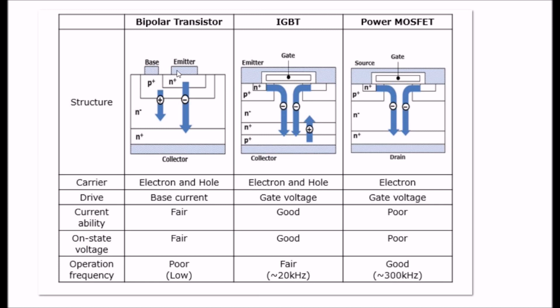Here's your base, here's your emitter. Your emitter, of course, on an NPN is negative. Ooh, you notice something, that most of your current flow is from the negative emitter to the positive collector. Isn't that interesting?